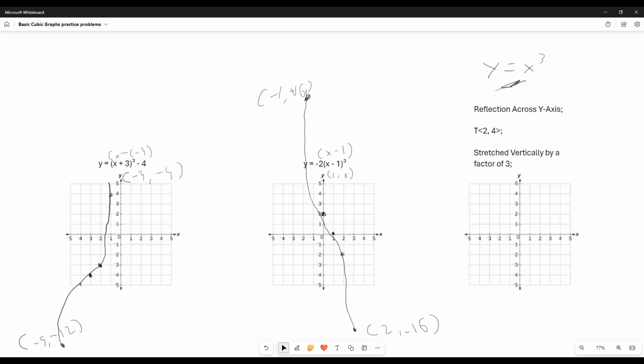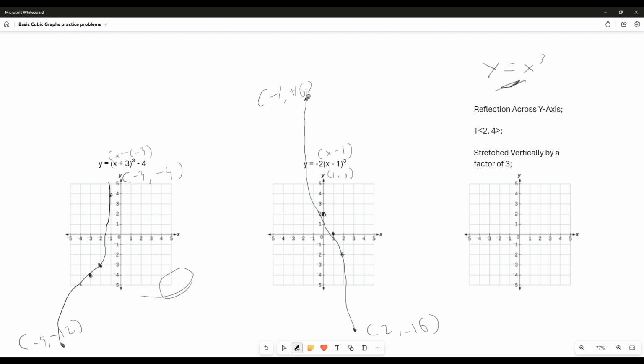So what's the difference between these two? Well, in this problem here, you are going to the right and up. In this problem, you're going to the left and up. So if you reflect this across the y-axis, it will flip over. So what that really means is that you're just getting a negative a value.